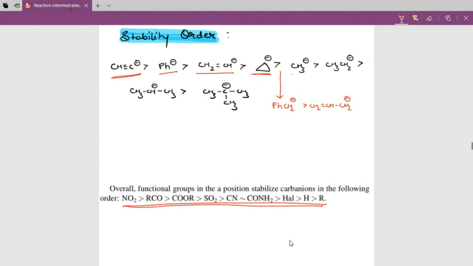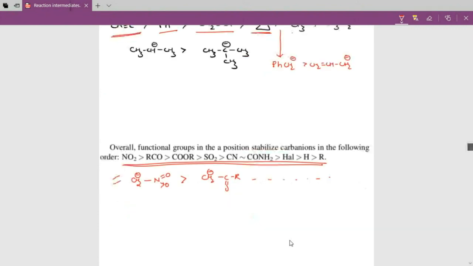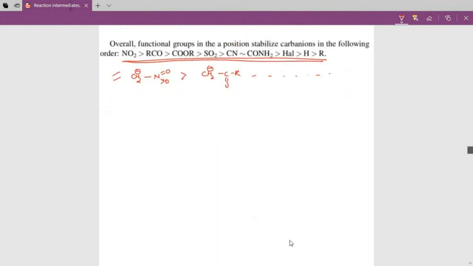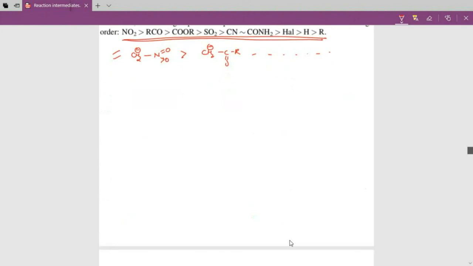What do I mean? That if I have CH2 minus adjacent to nitro, it will be more stable than CH2 minus adjacent to R, and so on. Okay, this is what I meant by giving you this order, that the presence of these groups adjacent to C minus in general stabilizes anions in this decreasing order.